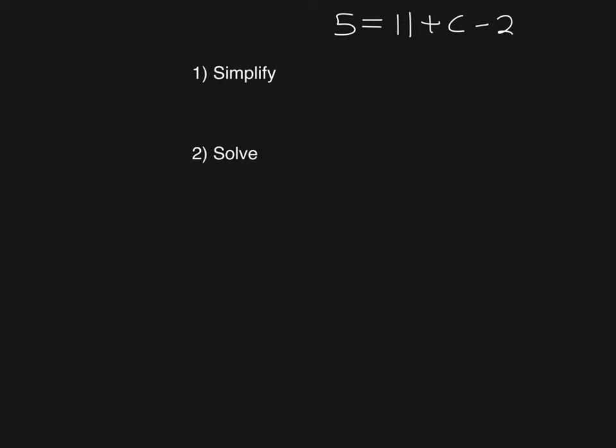Let's try another one. I'm going to draw my line down through the equal sign here to separate my two sides. Now, in this case, I have 11 plus c minus 2. And in order to simplify this, I'm going to rewrite this right side so that it uses only addition. 11 plus c plus negative 2.